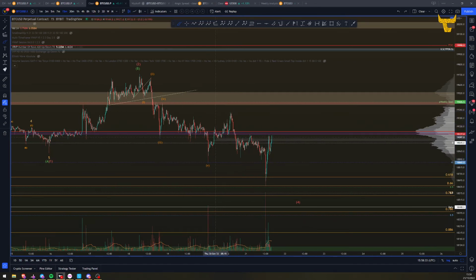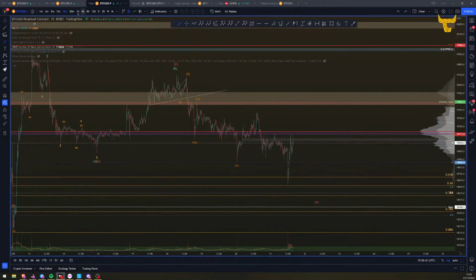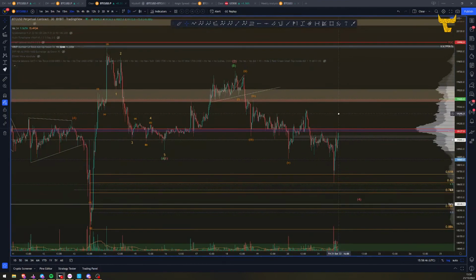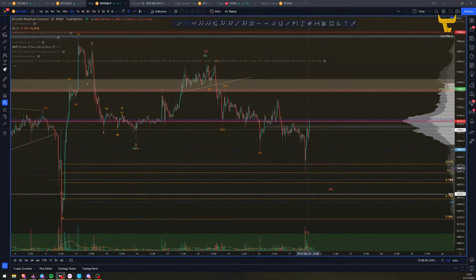ABC, ABC, short C. I can see something, but I'm not extremely confident about the potential of this to really go.